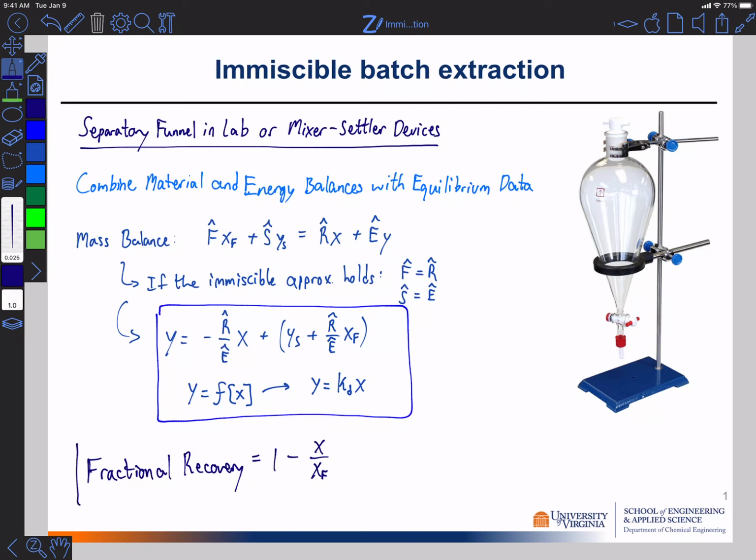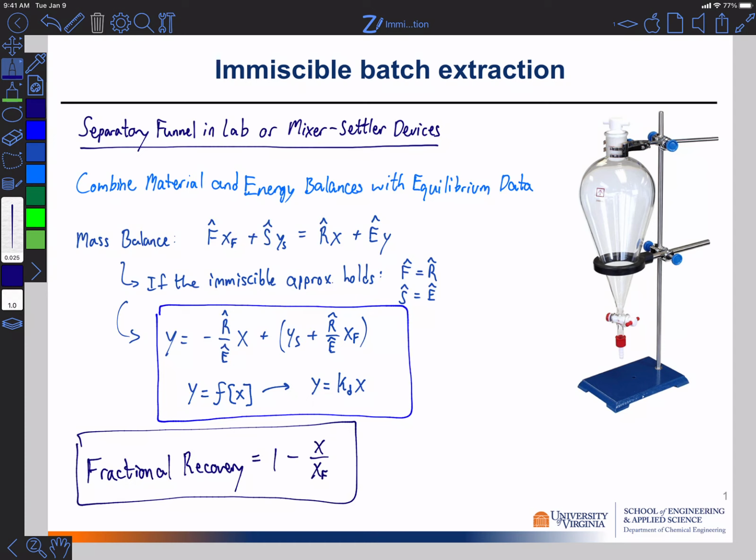And so we're going to use raffinate concentrations to show that. So for example, if none of the solute moves into the extract phase, then x remains equal to x sub f and the fractional recovery is 0. At the same time, if all of the solute were to move into the extract phase, then x would become equal to 0 and the fractional recovery would be equal to 1, or 100% of the solute would be recovered in the extract phase.